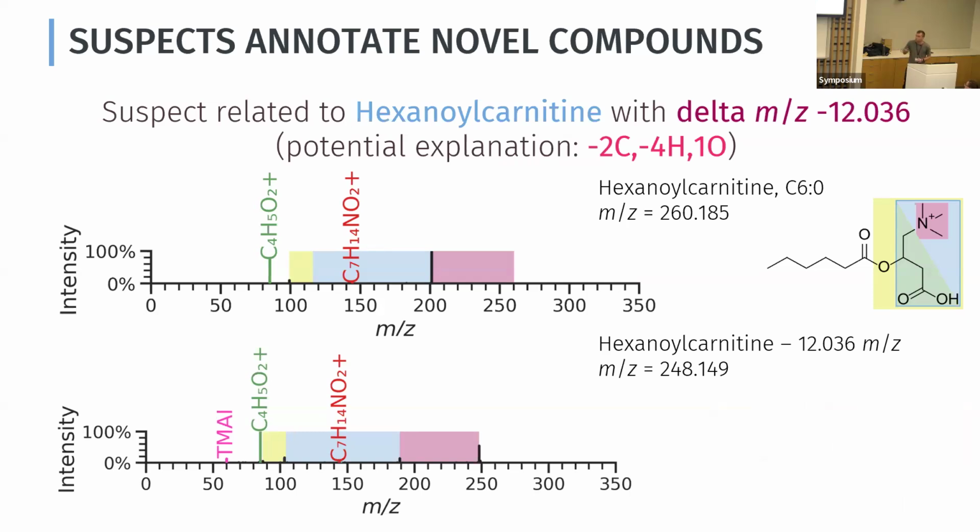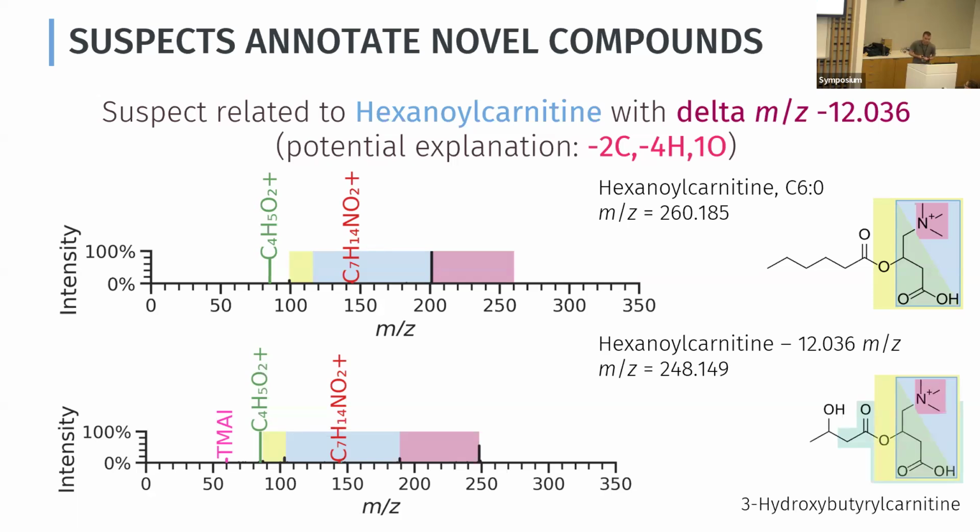For this other suspect related to hexanoyl carnitine, we now see that there is a mass difference of approximately 12 mDa. You might expect that this is the loss of a carbon, but we have exact mass information, so it's slightly more. So instead of the loss of a carbon, it's actually 3-hydroxybutyrylcarnitine.